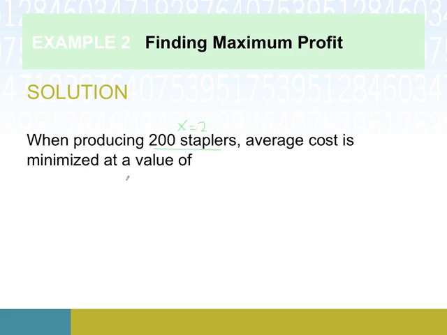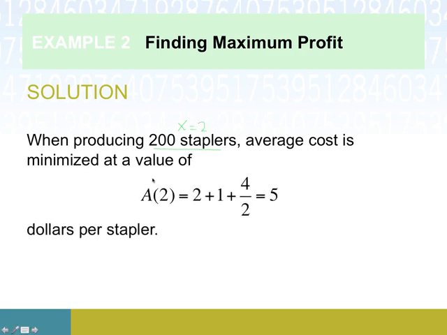Then average cost is minimized when we, okay, well, so let's see, we take x equals 2, dump it back into our function, and then this one really does take some tracking down, but 5, it's just plain old dollars per stapler. And that's because our total cost was C of x, and average cost is C of x over x.